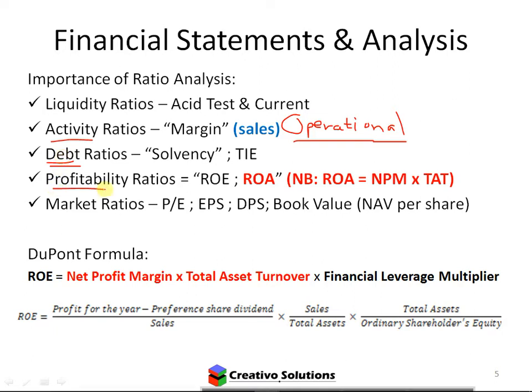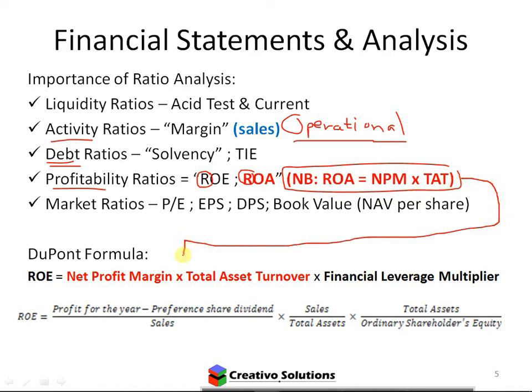Okay, profitability, that's looking at your return. Okay, so return on equity, return on assets. Okay, that's profitability. How profitable is the company in terms of generating a return? Right, don't forget this. Why is that important? DuPont. Okay, remember DuPont uses net profit margin and total asset turnover.